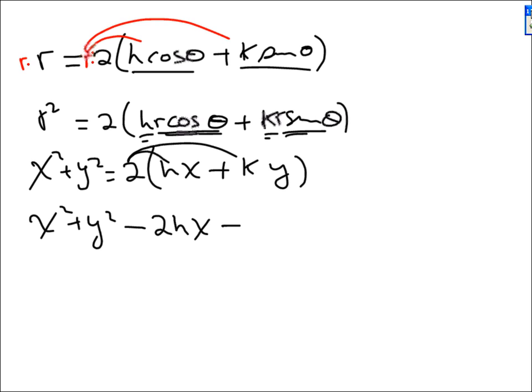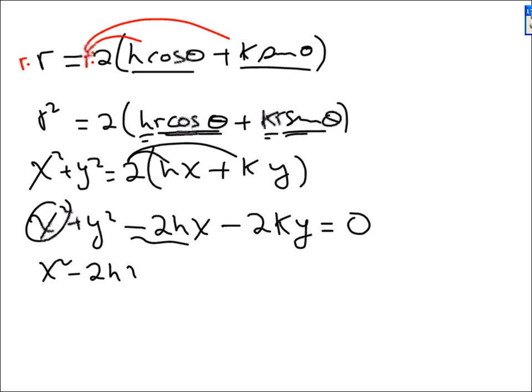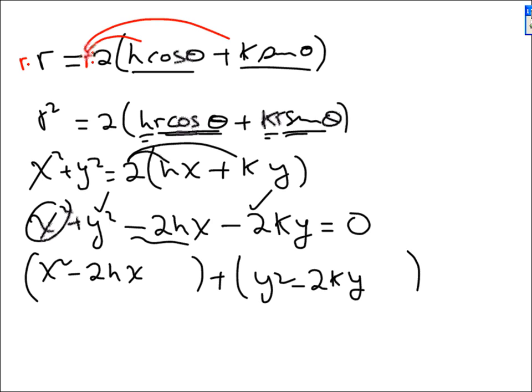I'm going to bring over the 2ky as negative 2ky. So since I brought everything on the right side to the left side, the right side is now 0. X squared minus 2hx plus y squared minus 2ky. This is equal to 0.